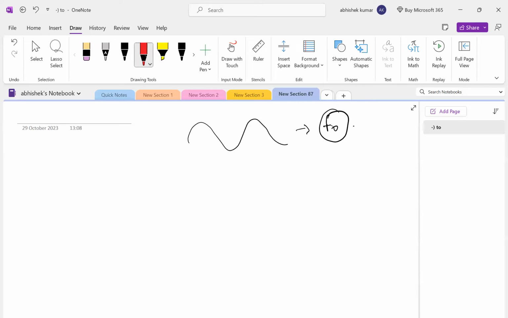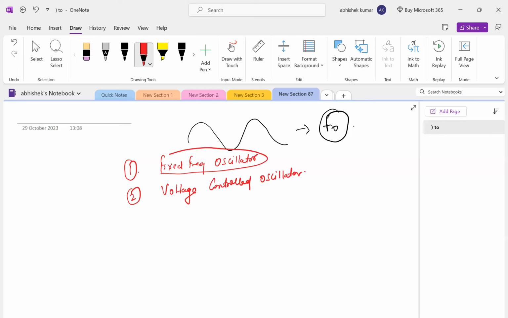So basically we have two types of oscillator: the fixed frequency oscillator, and the other one is the voltage controlled oscillator. The fixed frequency oscillator generates only a fixed frequency.